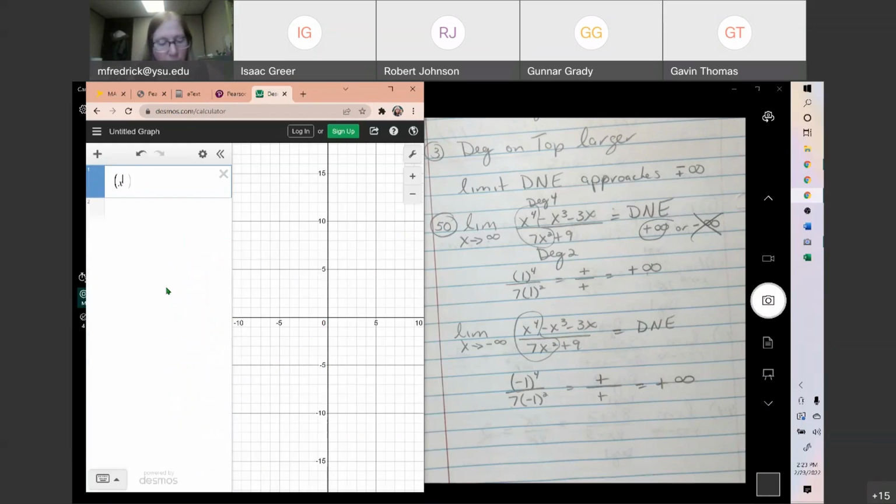X to the 4th minus x cubed minus 3x. And I put parentheses so that it knows that that all goes on the top when I hit divided by. And then the denominator was 7x squared plus 9.